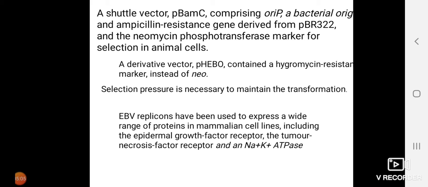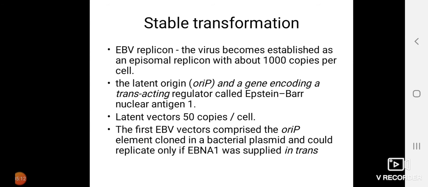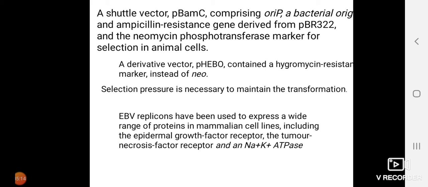This is done by using a shuttle vector, which shuttles between eukaryotic and prokaryotic systems, that is pBAMC, comprising oriP and a bacterial origin of replication and an ampicillin resistance gene derived from pBR322, and a neomycin phosphotransferase marker for selection in animal cells.